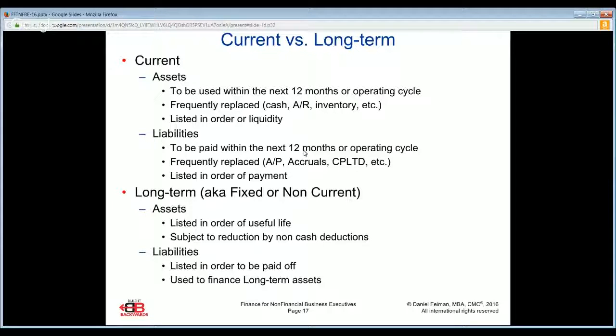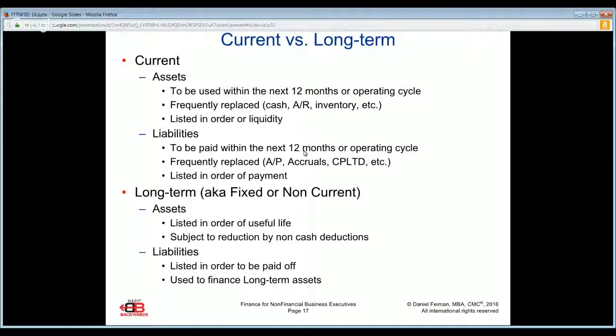Most current assets are used up and replaced in the normal course of business multiple times during the year. And we'll actually calculate how many times per year we expect cash, receivables, inventory, payables to turn over compared to how many times per year they actually do, as a way to assess whether the organization is being run properly or not.